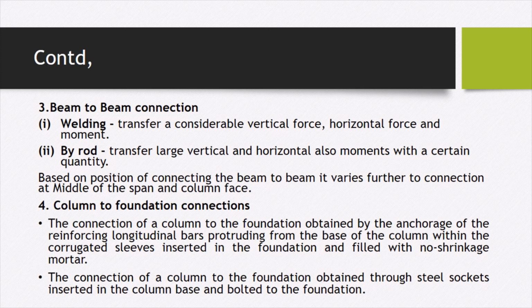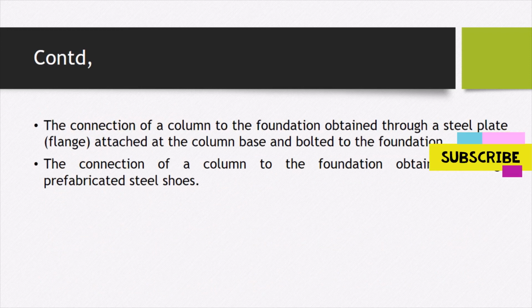And then the connection of column to foundation is obtained through steel sockets inserted in the column base and bolted to the foundation. In this we connect the column to the foundation by steel plate.